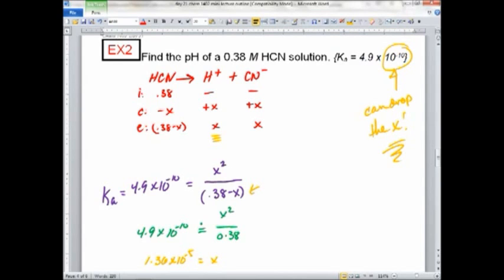Oh, I took the square root right away, sorry, on my calculator. So take 4.9 times 10 to the negative 10 times 0.38, hit equals, then take the square root, and you'll get this number. And they want pH, so I just do what to get my answer? The negative log of it. About 4.87 or so.